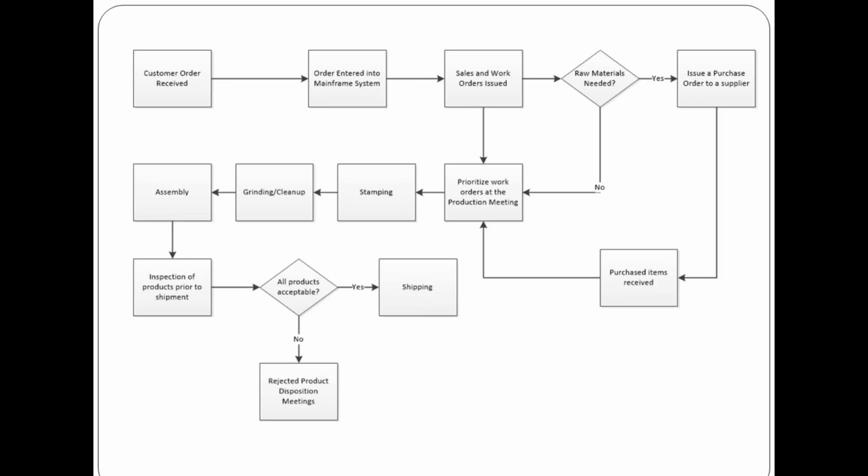Well, if we start reading into it a little bit here, we have a process called sales and work order issued, issue a purchase order to a supplier, stamping. Are these individual processes? Probably not. And this is where when we receive an item like this, it's quite confusing as to what the actual processes are.